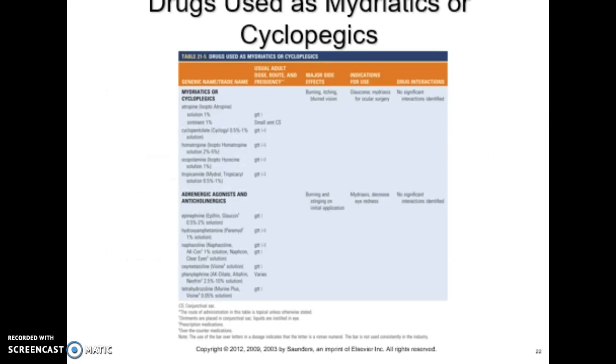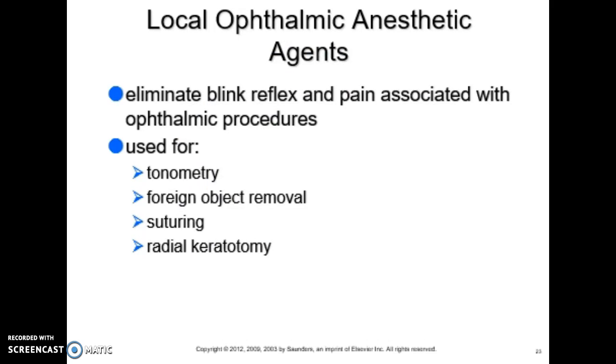And again, there is a figure in your book, and I believe that we're looking at figure 21.5, and that can be found on page 377, so you can look more directly at the uses, the major side effects, indications, and drug interactions. Here we are looking at local ophthalmic anesthetic agents, and these are used to eliminate blink reflexes and pain associated with the ophthalmic procedures.